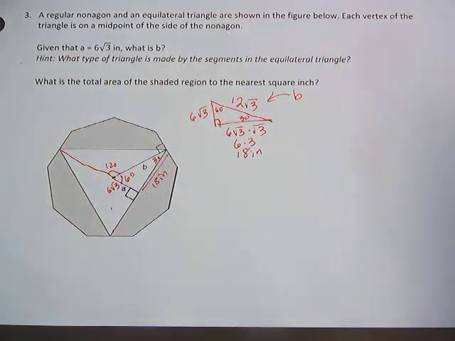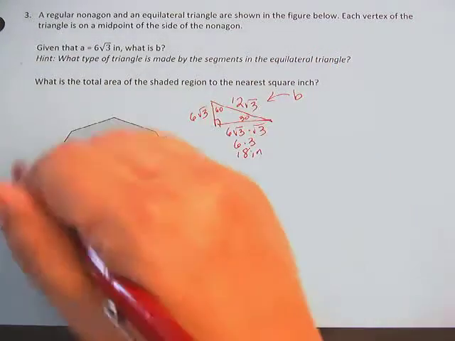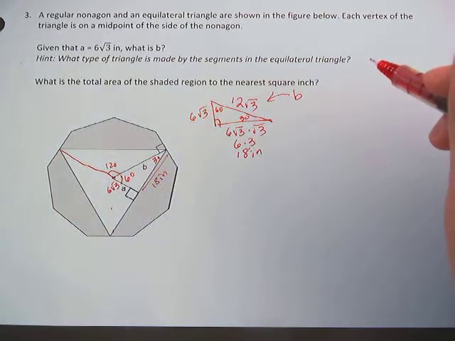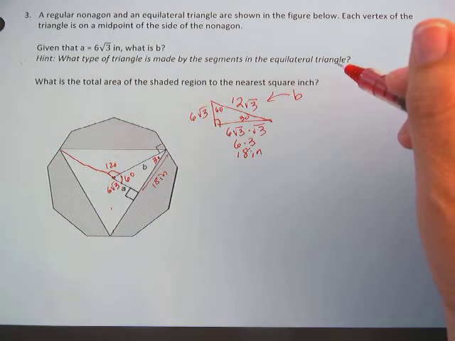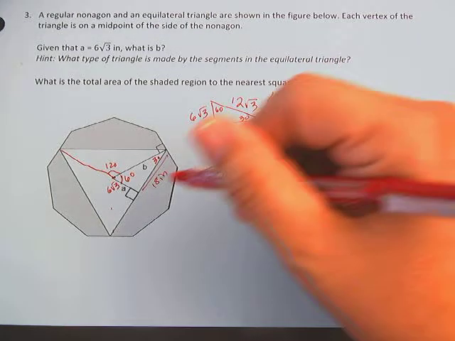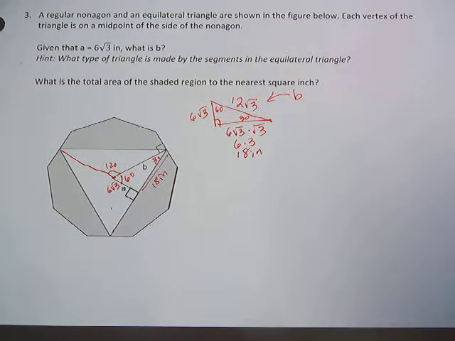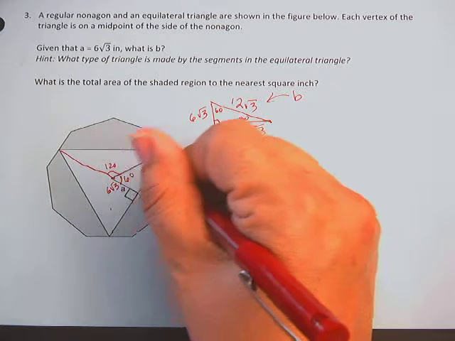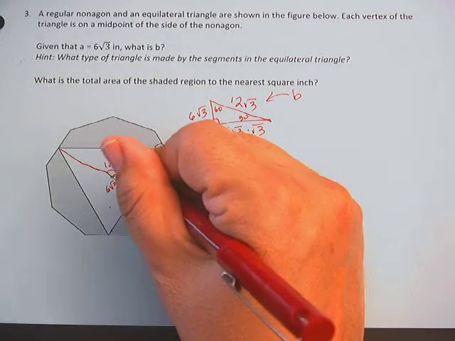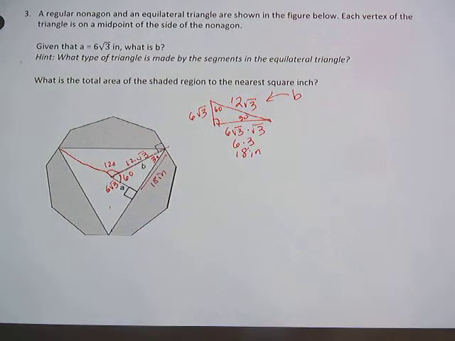All right. Now I want to find the total shaded area. So what I'm going to do is take the area of the nonagon minus the area of the triangle. So the area of the nonagon, believe it or not, I actually know what the apothem is, 12 square root of 3.